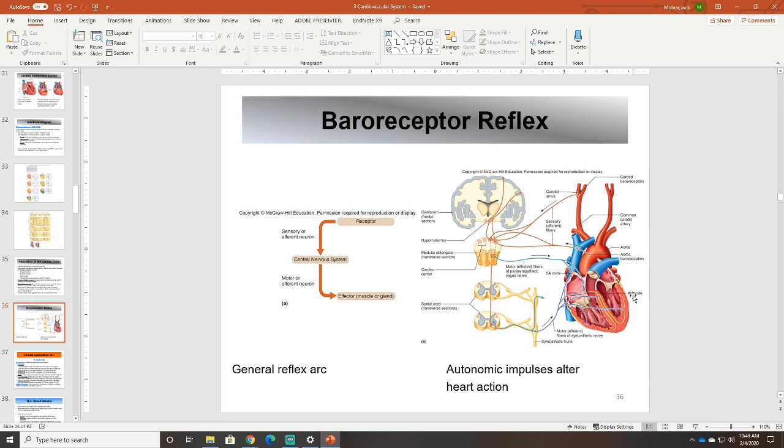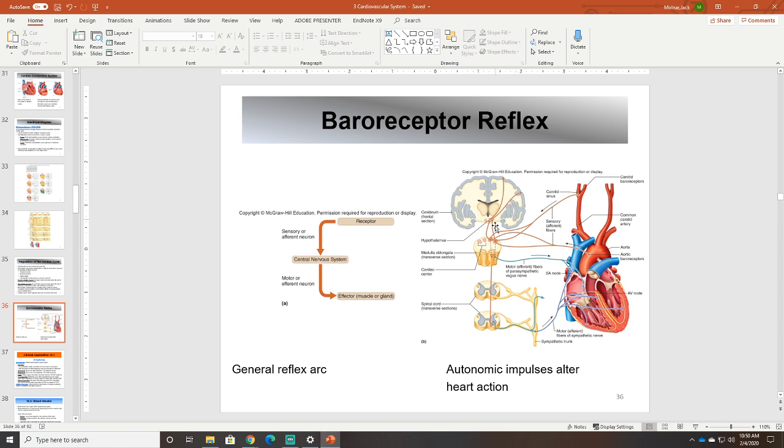You can see up here in the carotid sinus, also in the aorta, there are baroreceptors embedded in the walls of these vessels. They detect changes in pressure, which are conveyed to nuclei in the medulla oblongata. The medulla oblongata and the hypothalamus integrate this information, as well as the cerebral cortex.